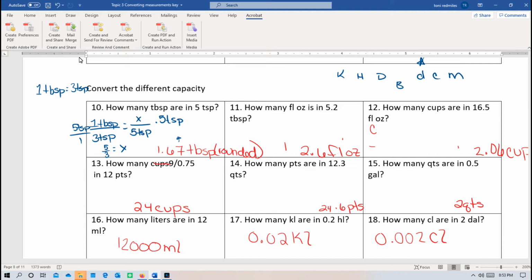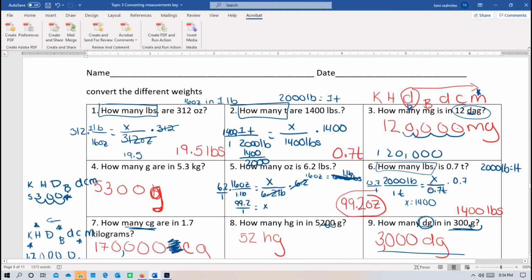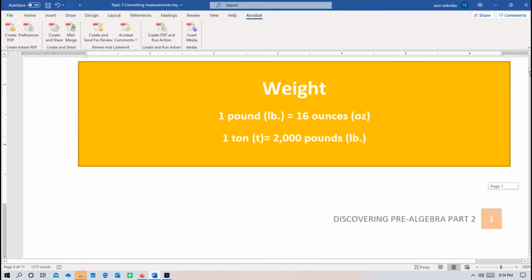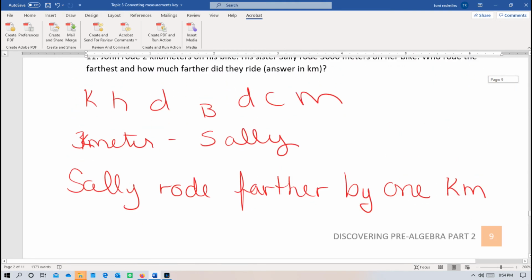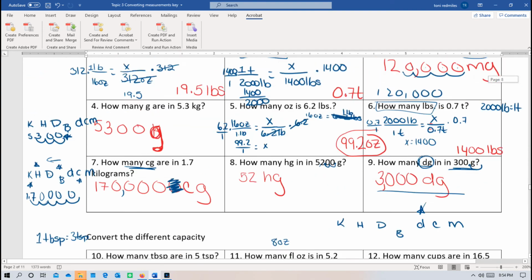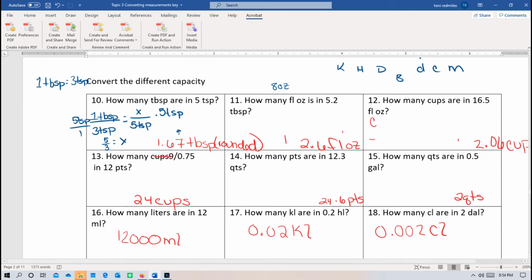All right, I know that 8 fluid ounces equal a cup, but let's go see how many equal a tablespoon. 1 fluid ounce equals 2 tablespoons. Oh, it is tablespoon. So 1 fluid ounce equals 2 tablespoons. All right.